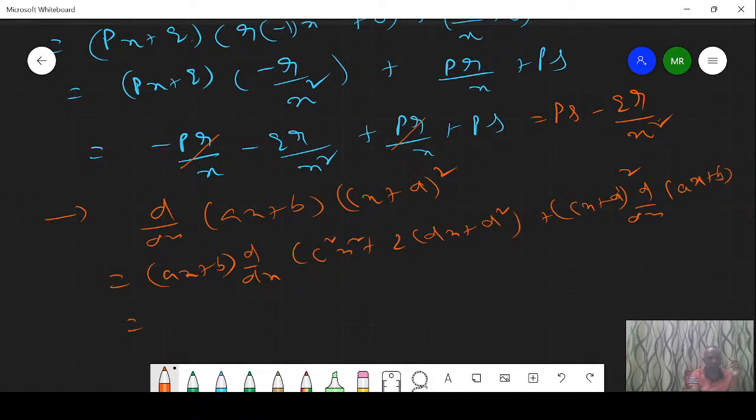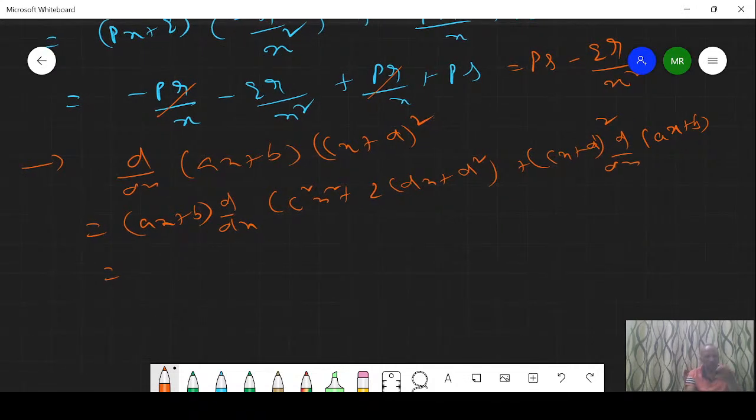Now I can consider here, when I have taken this, ax plus b, so I will write here (ax + b) into the derivatives.